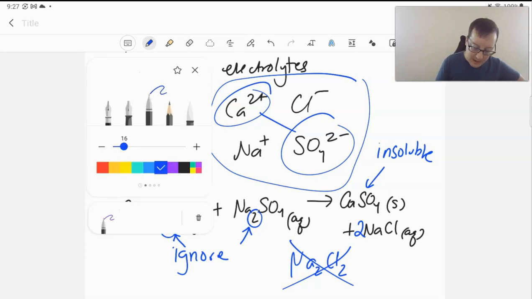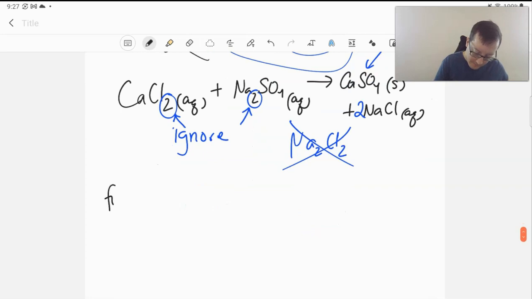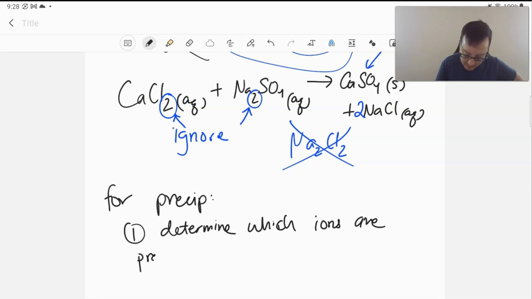So precipitation reactions. Let's kind of go over the procedure, and then we'll do one more example. For precipitations, the first thing we want to do is determine which ions are present in the initial solutions.